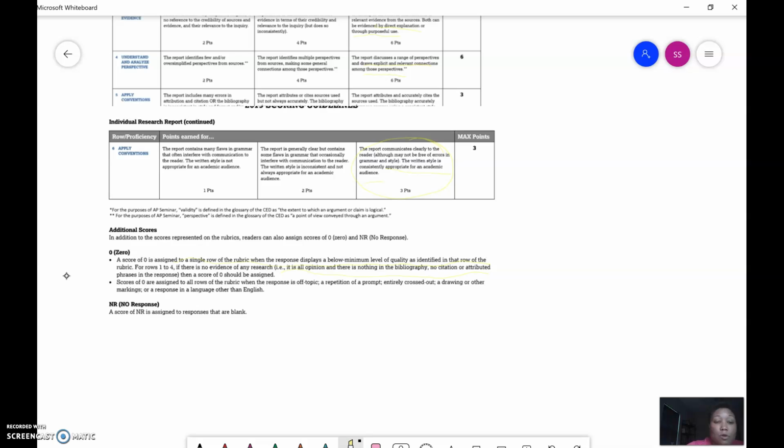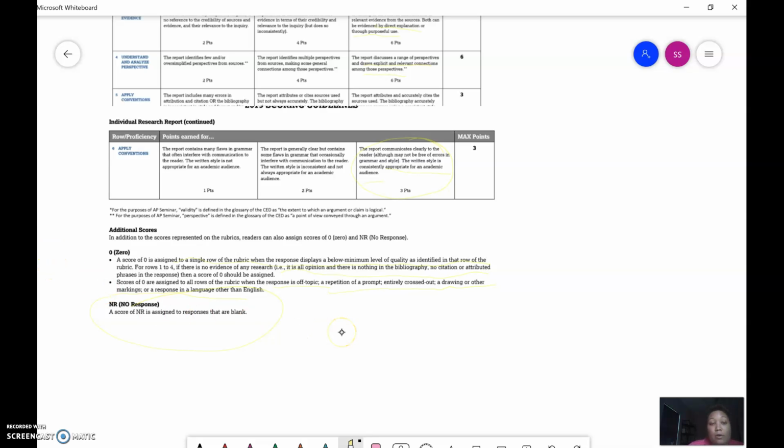Scores of 0 are assigned to all rows when the response is off topic, a repetition of the prompt, entirely crossed out, drawing or other markings, or in a language other than English. And you can also get a no response, which is also a 0.